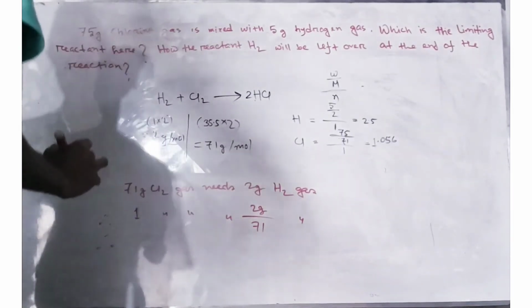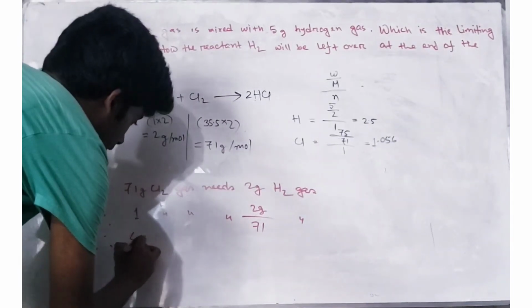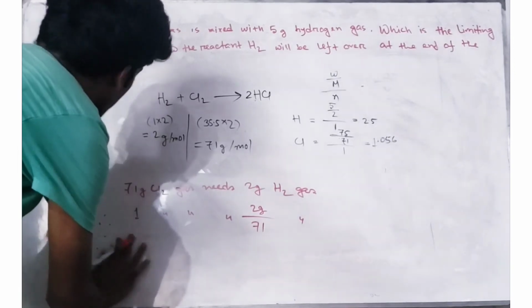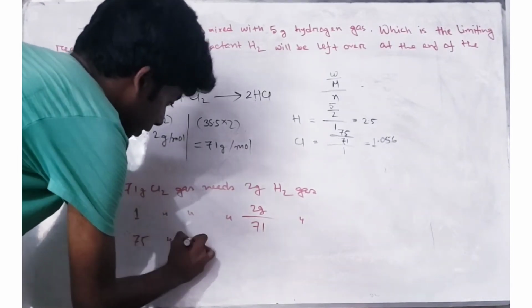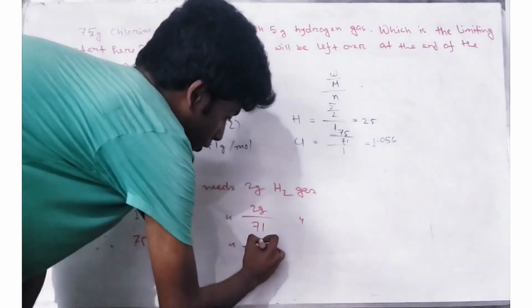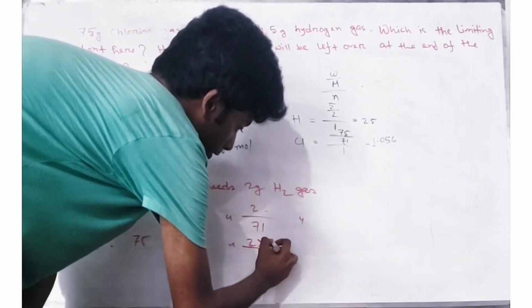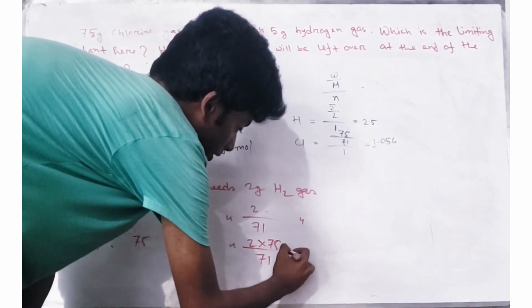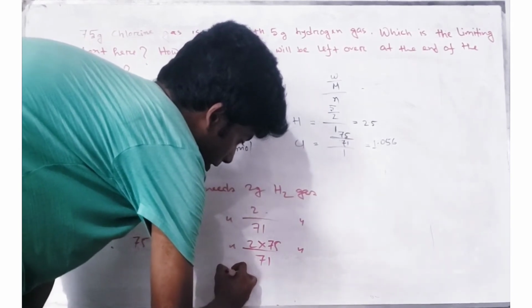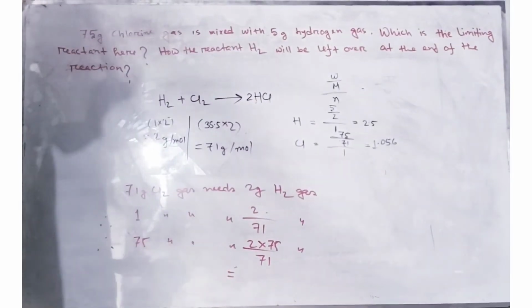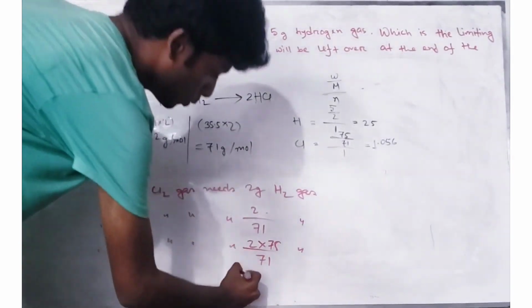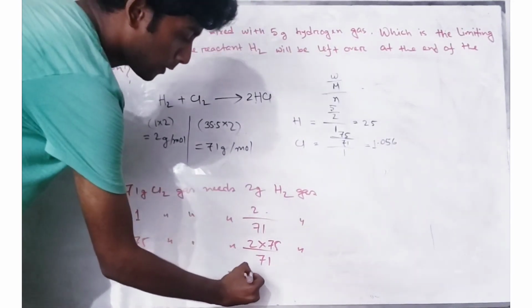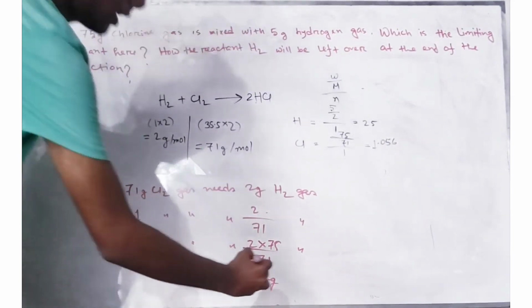Then 75 gram chlorine gas needs 2 into 75 by 71 hydrogen gas, so we will get 2.112 gram hydrogen gas.